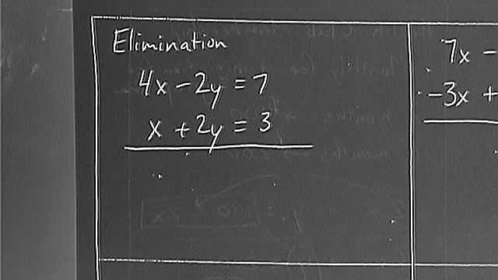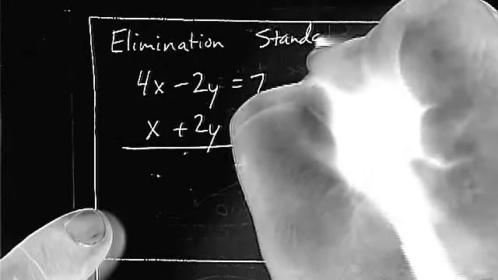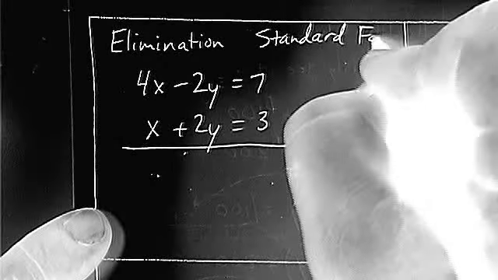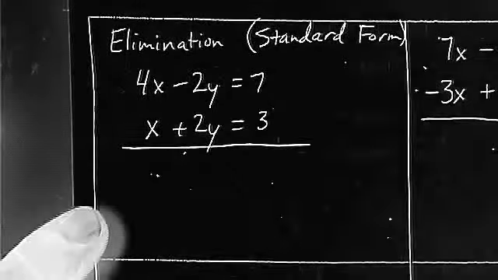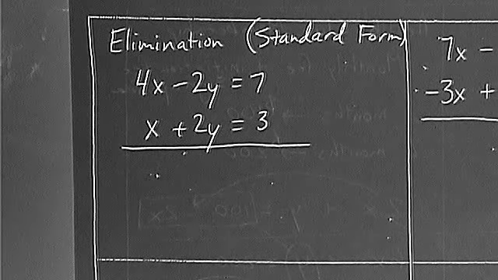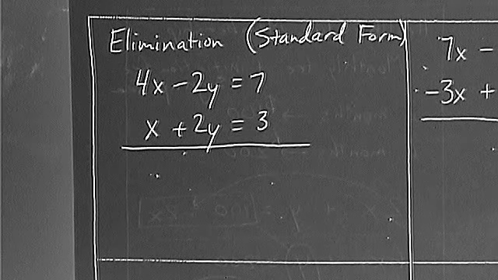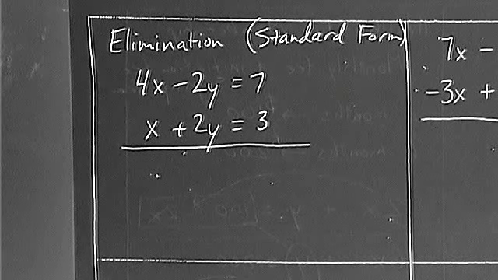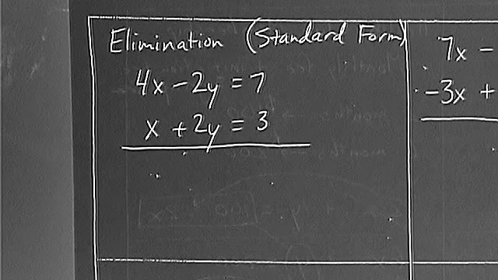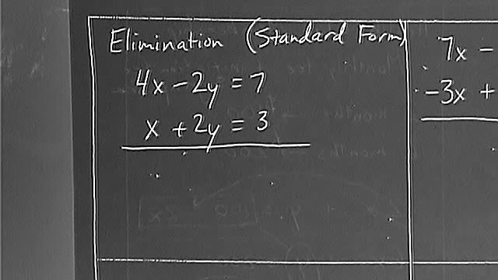So when I look at these two equations, which are in standard form, and the best type of situation for elimination is when your equations are in standard form, what I want to do is see, is there a way that I can add these two equations together right now and get rid of one of the variables? And the answer to that right now is yes.